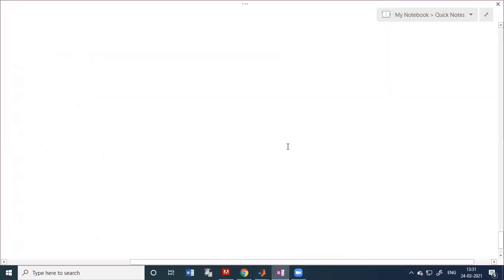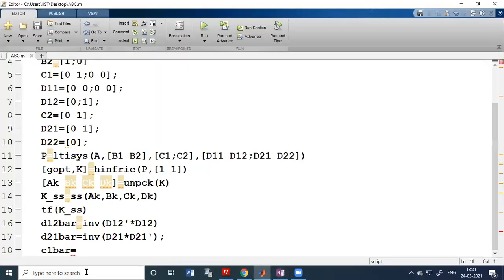I minus D12, D12 bar, D12 transpose, into C1, whole bracket outside, right? Yes, sir. Into C1.